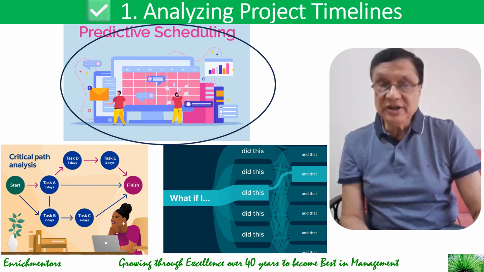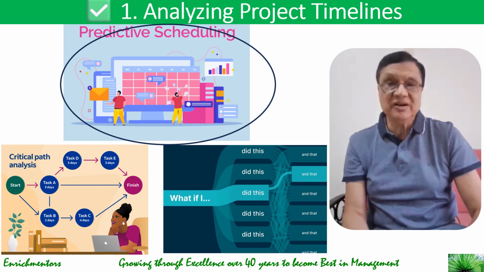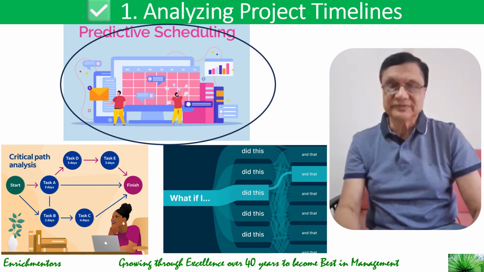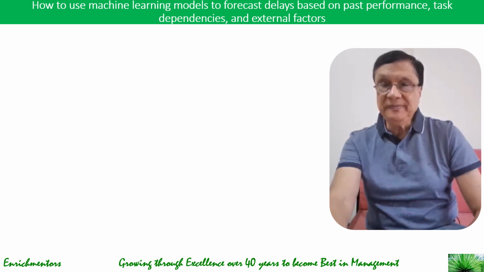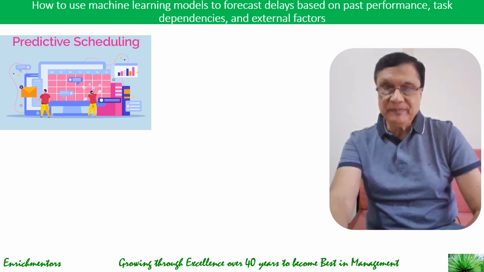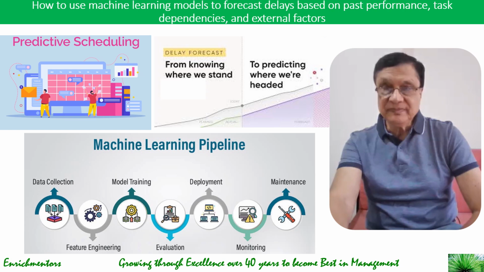So how do you think you can use machine learning models to forecast delays based on past performance, task dependency, and external factors? Any thoughts? Using machine learning to forecast delays basically involves a structured pipeline of data collection, pre-processing, model training, and deployment.